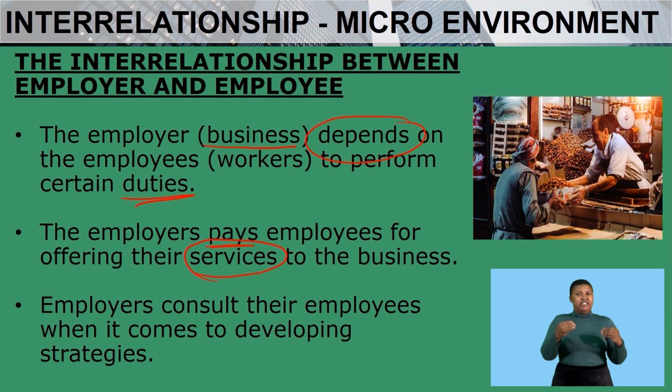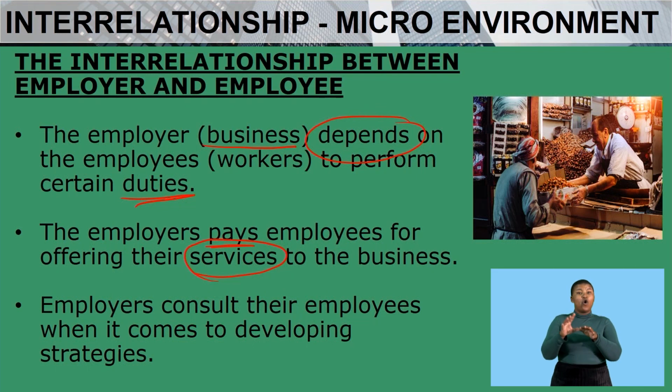All right, so that's a codependent relationship. The employer needs them to do the job, and the employees need the employer to pay their salaries. And what also happens is sometimes the employer has to make certain decisions, and in order for them to make these decisions, they need information. And where do they get the information from? Mostly from their employees.